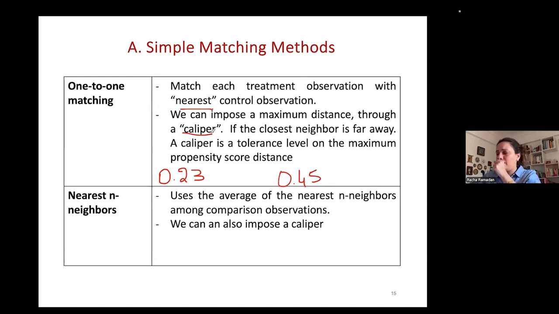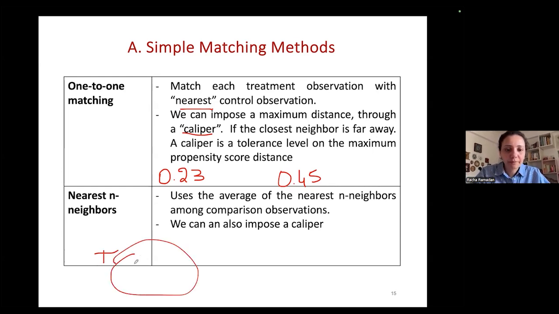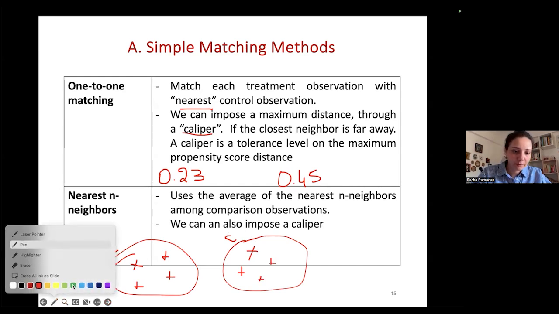Second, the second way to do the match is to use an average of the nearest n neighbors. So I have here the treated group with all these values, and here the control group with all their values.